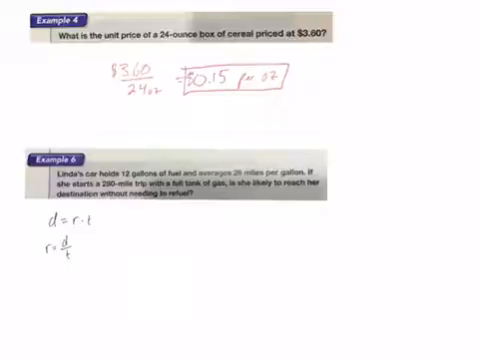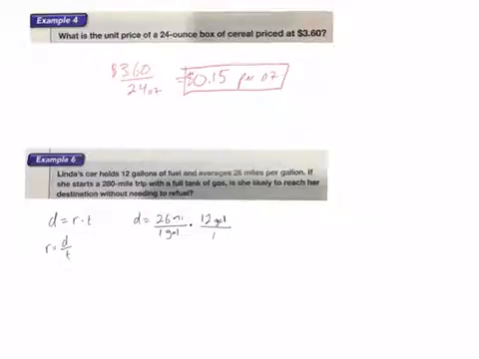So we're going to say the distance we can go is going to be the rate, which is 26 miles on top, and then gallons on the bottom for 1 gallon. I'm going to multiply this by 12 gallons over 1. That's not a unit rate, it's just saying 12 gallons.